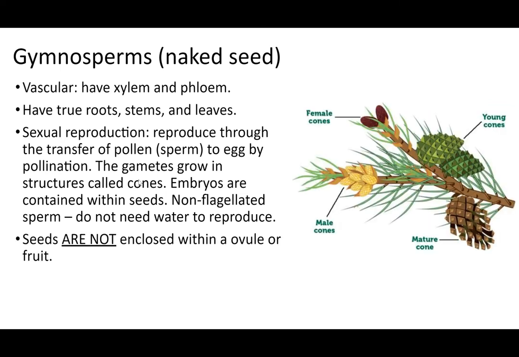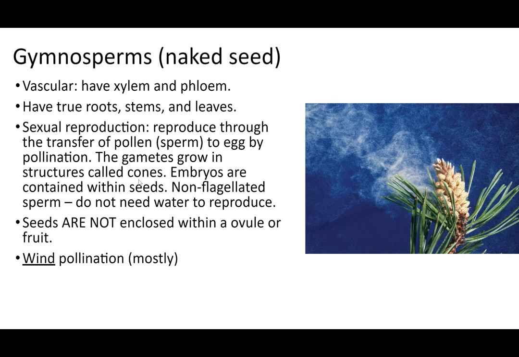Typically, because their seeds are not encased within a fruit, gymnosperms will rely on wind to spread their pollen in order to reproduce. So we can see here the wind is picking up the pollen, and then this pollen will hopefully land on another pine or spruce, and it will fertilize it, and then they will be able to reproduce.